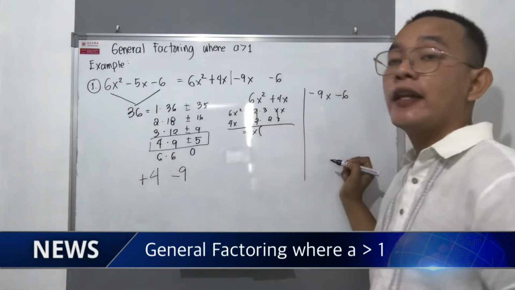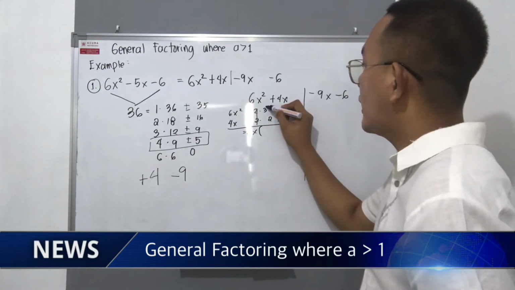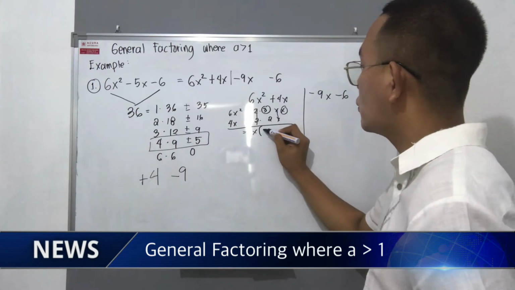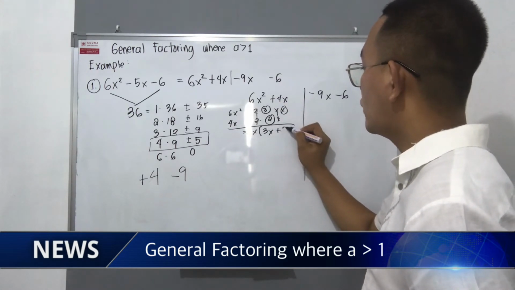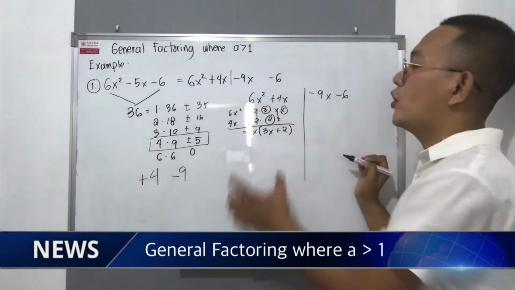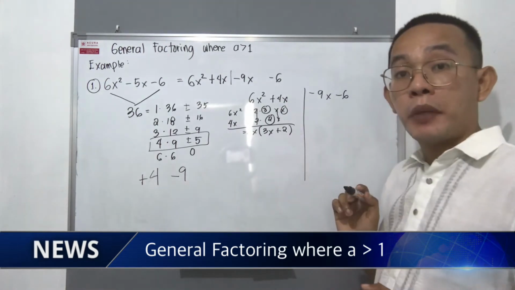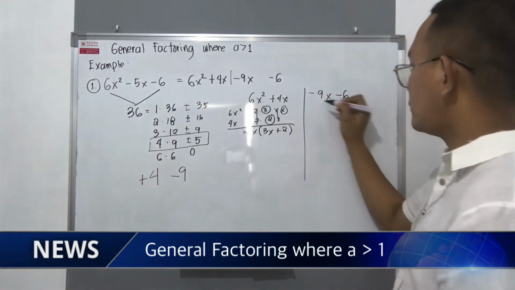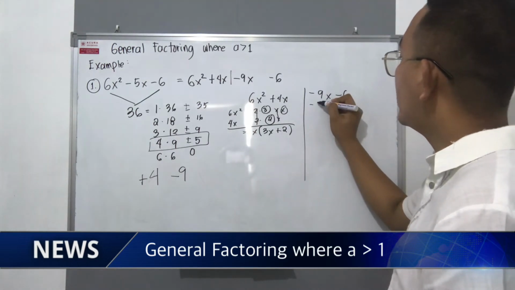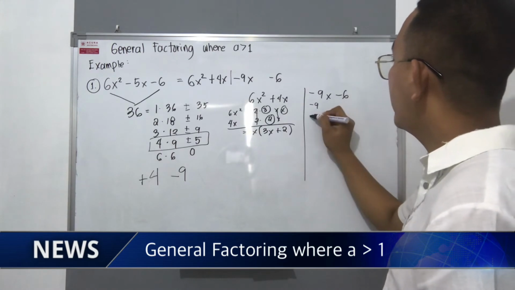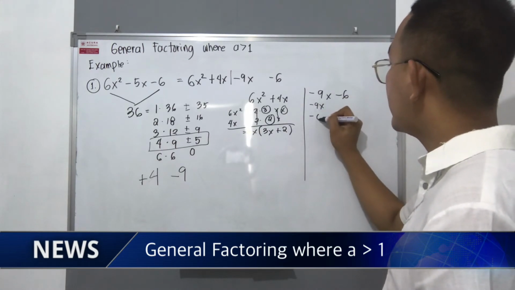And then, kunin natin yung second factor niya. Yung natira, 3 times x equals to 3x plus 2, kasi 2 na lang yung natira. Okay, so ito na ngayon yung ating first factor. Next, we have negative 9x and then negative 6.